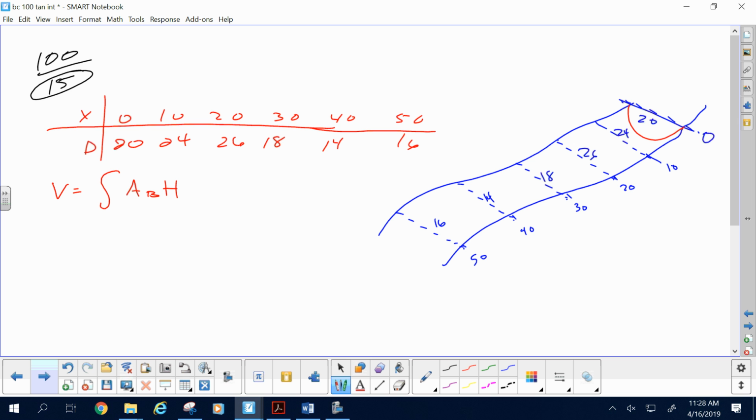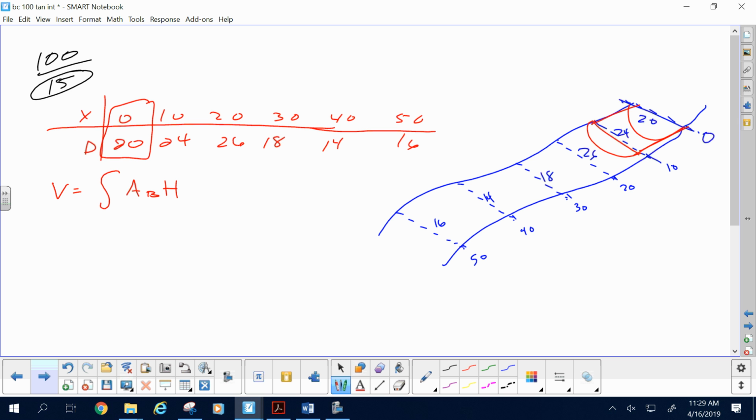Now, if I use the left-hand sum, the first one I'm going to use is this. So imagine if it stayed 20 throughout, what's the volume of that cylinder-ish kind of thing, yeah?